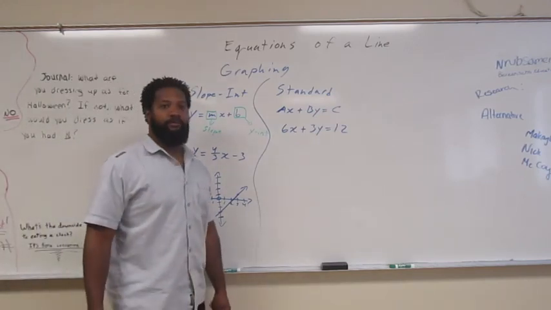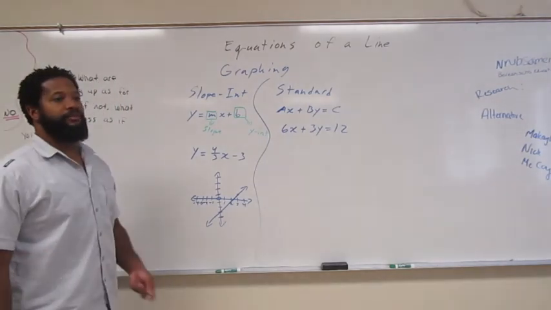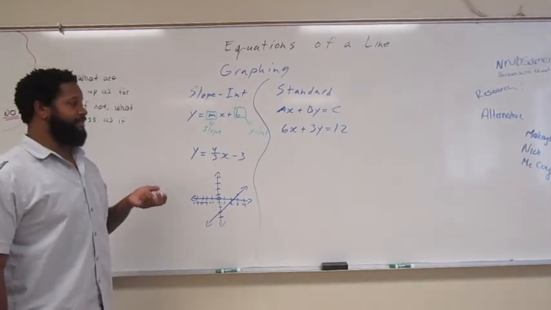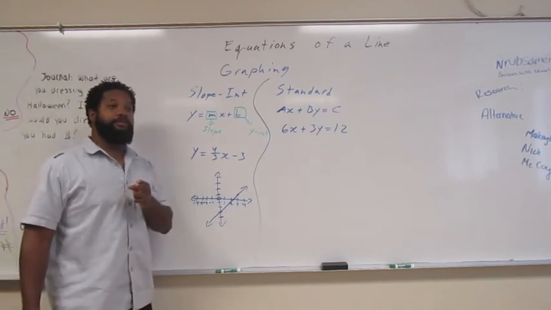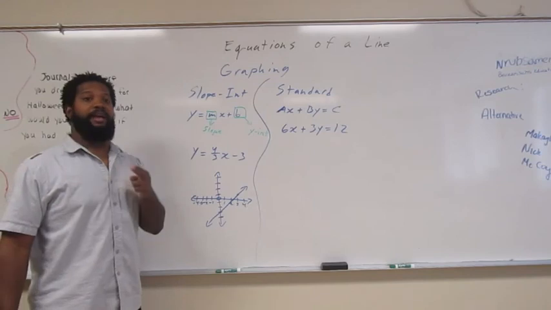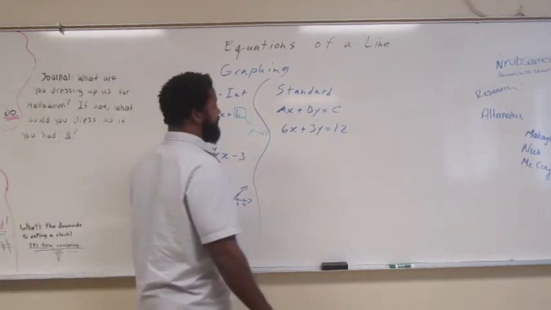Standard form, okay? When you're dealing with standard form, and this is why I like it, it's easy to me. I mean, granted, both of these are easy, but you as Algebra 2 students need to know both ways to graph, okay?